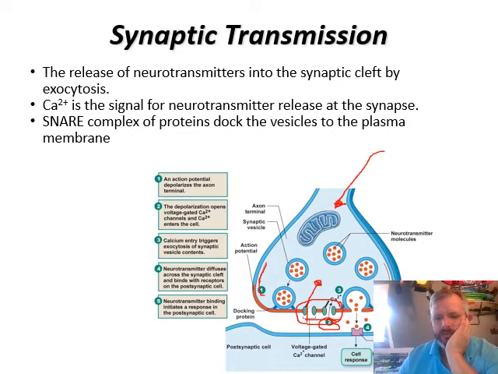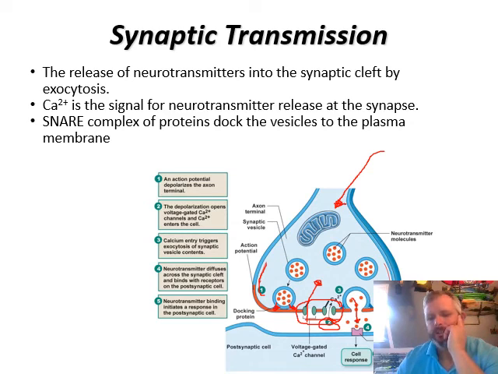These vesicles with the neurotransmitters are just sitting here at the terminal. The calcium is going to cue what we call these snare proteins, and that's going to cause docking of the vesicle. You can see these little snare proteins, little blue ones, and then we're going to get exocytosis of the neurotransmitter.